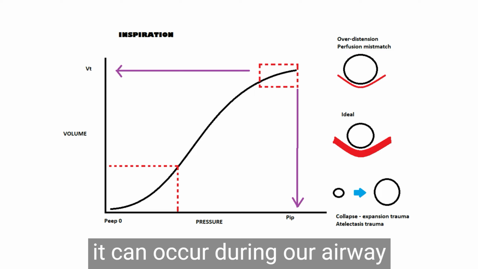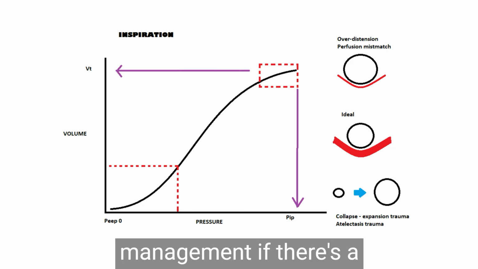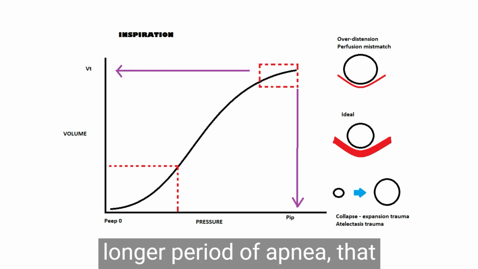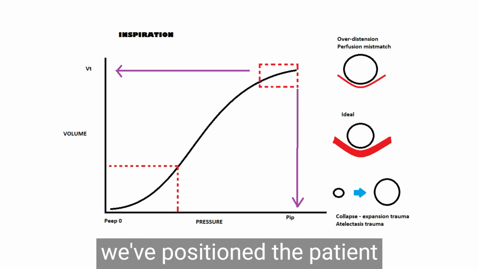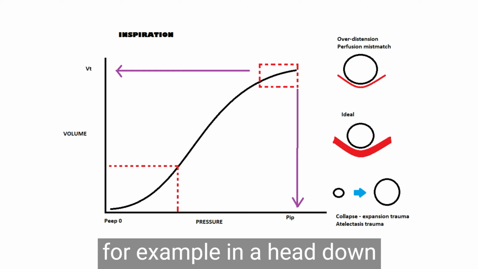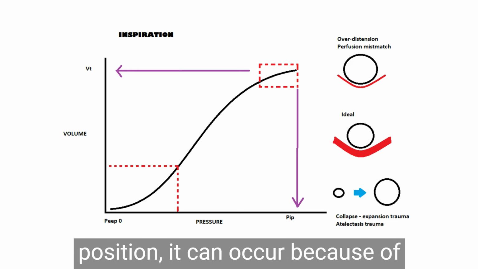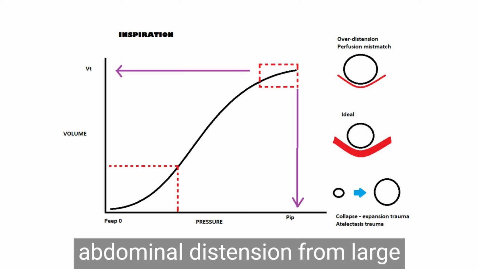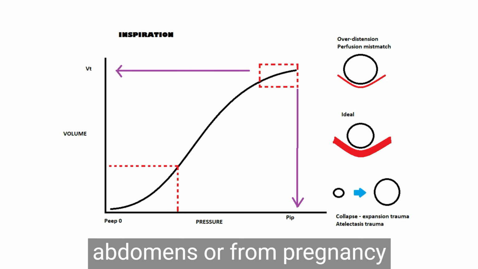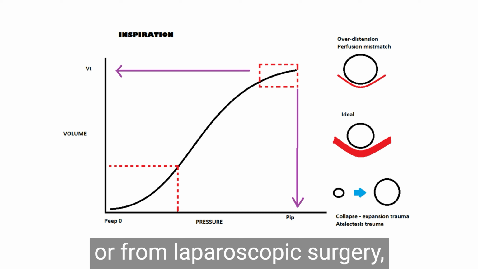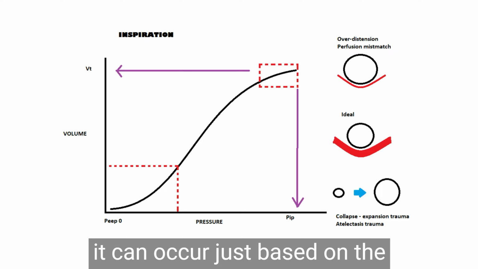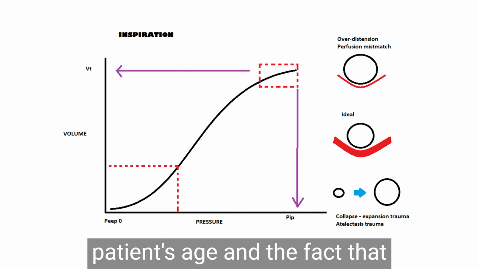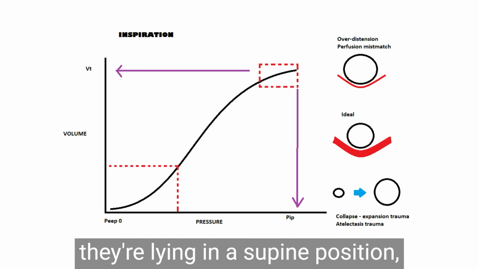It can occur during our airway management if there's a longer period of apnea. It can occur because of the way we've positioned the patient, for example, in a head down position. It can occur because of abdominal distension from large abdomens or from pregnancy or from laparoscopic surgery. It can occur just based on the patient's age and the fact that they're lying in a supine position.